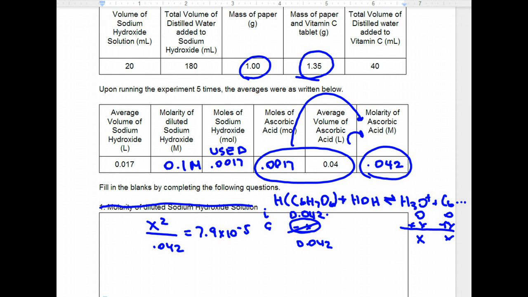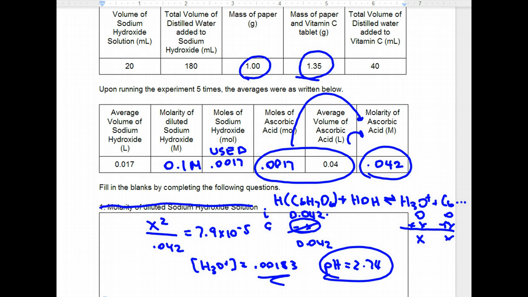When we solve for x, we're actually solving for H3O plus concentration. So what we're saying is the H3O plus concentration is equal to 0.00183, but the question asks for the pH, which would be the negative log of this number, and what we would end up with as the pH equals to 2.74. And that's what I basically wanted.